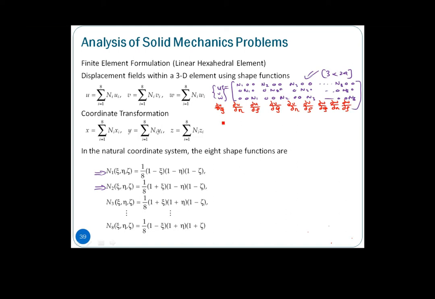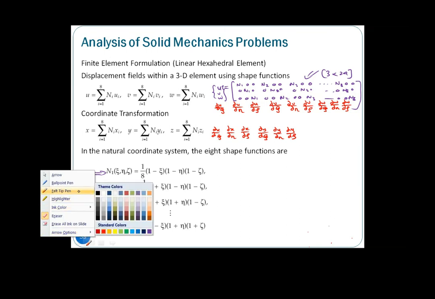Similarly, here we can also find del x del psi, del x del eta, del x del zeta, del y del psi, del y del eta, del y del zeta, and del z del psi, del z del eta, del z del zeta.